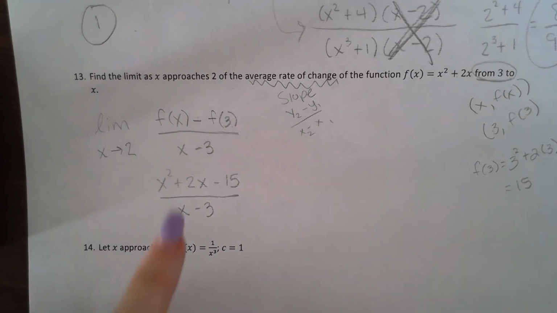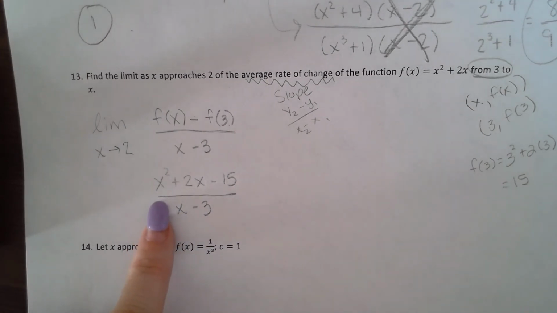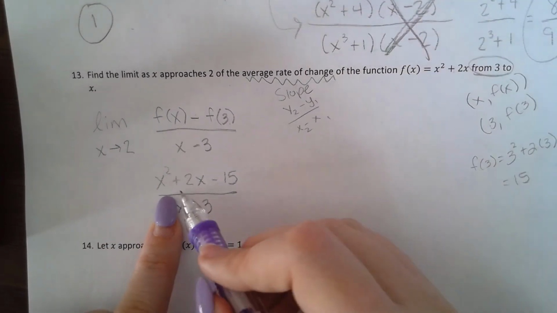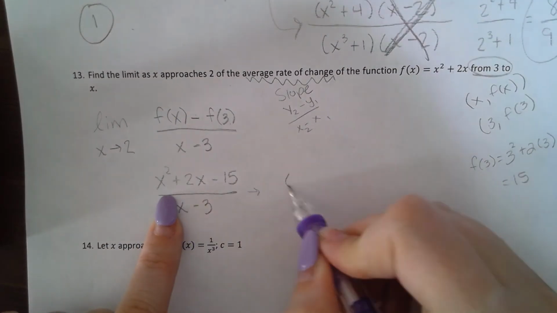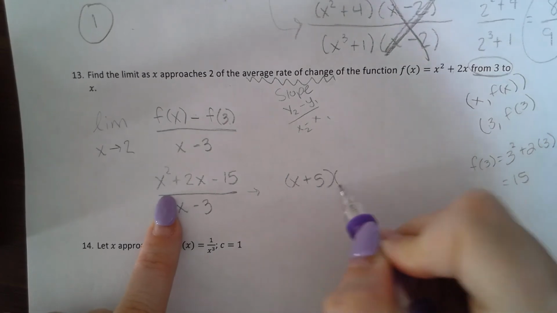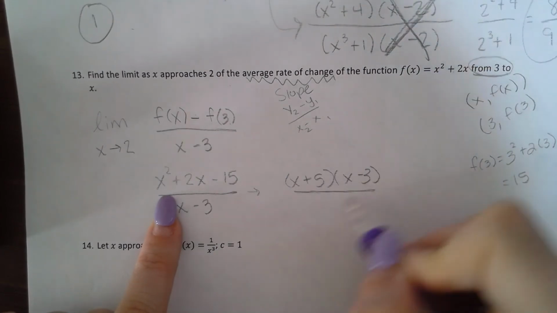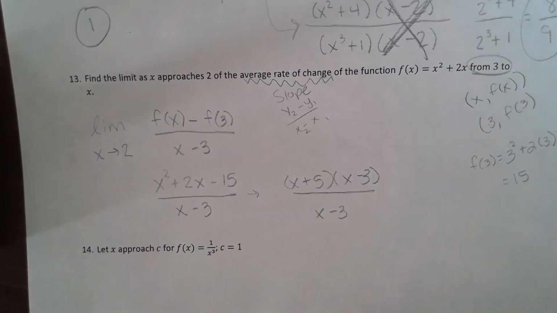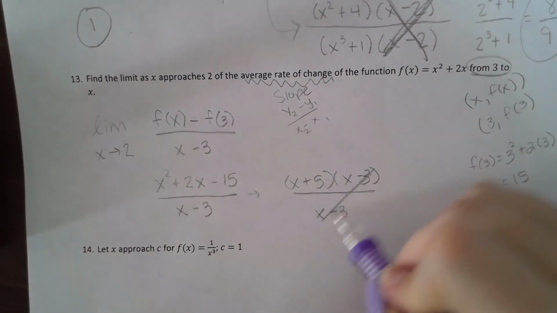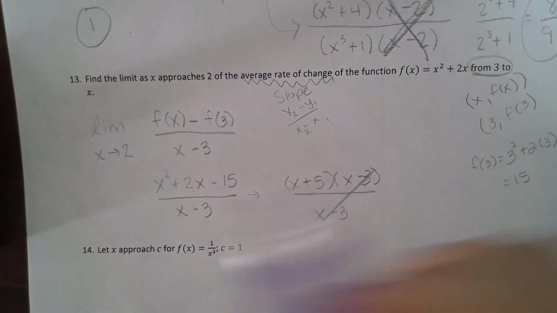So let's go ahead and try to factor here. If we tried to factor, we would have x plus 5, x minus 3, all over x minus 3. So then our x minus 3's can cancel, and now we can plug 2 in.